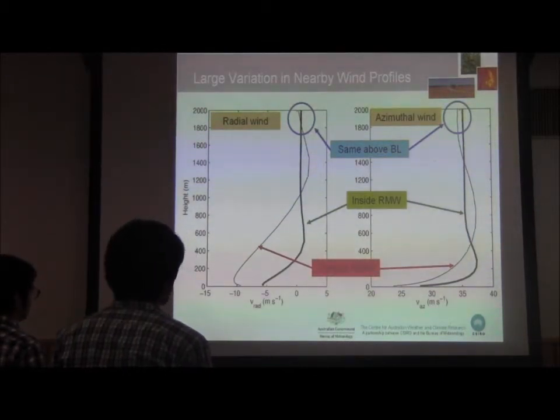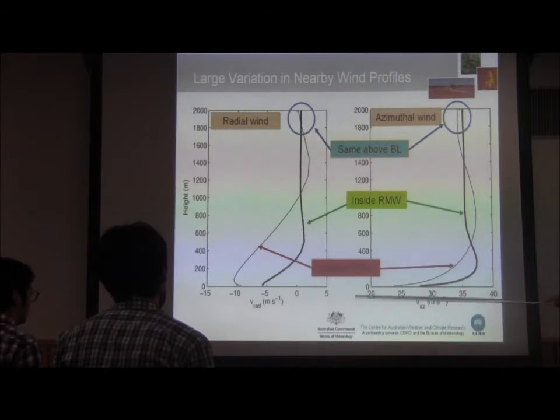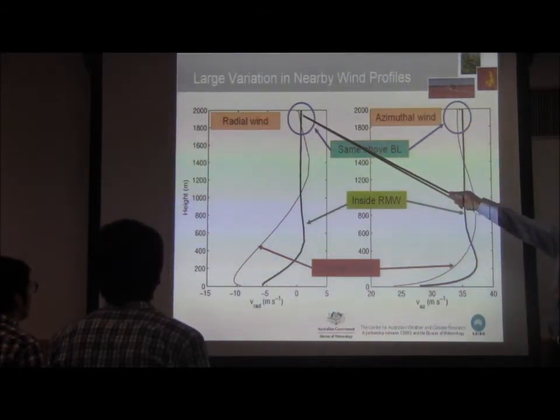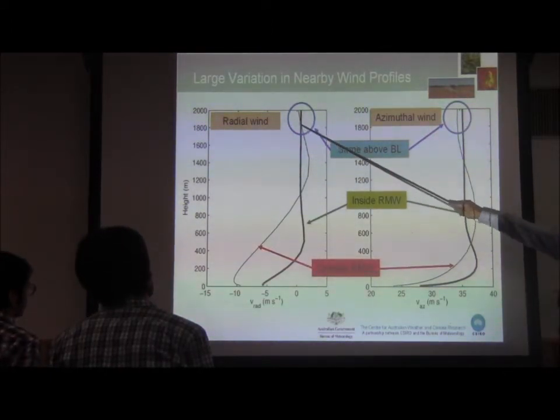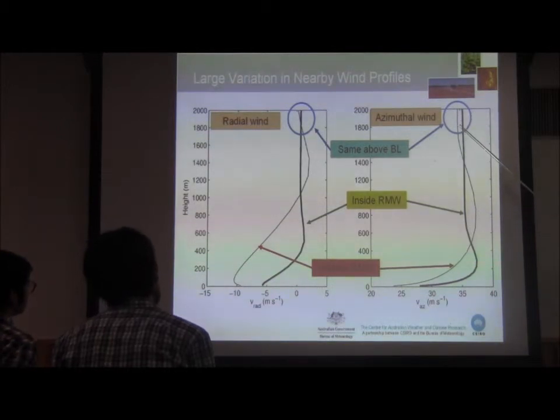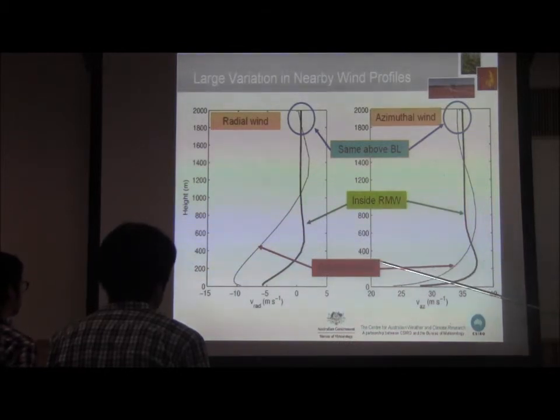So a couple of things we can see from the model. You'll remember the slide I showed right at the beginning of Hurricane Guillermo, and we had the very different structure of the winds between the three drop zones. So if you imagine taking the simulation and dropping sondes either side of the radius of maximum wind, one slightly inside and one slightly outside, these are the radial and azimuthal winds that we would observe. The thick curves are inside the radius of maximum winds, the thin curves are slightly outside.